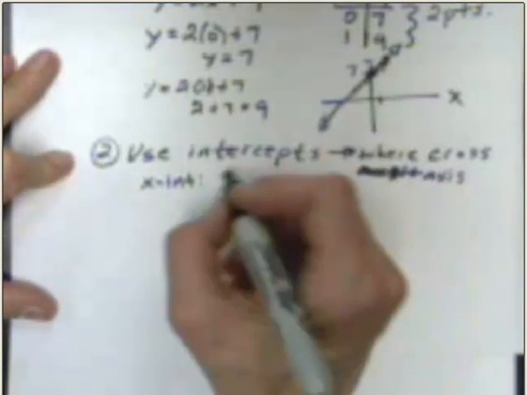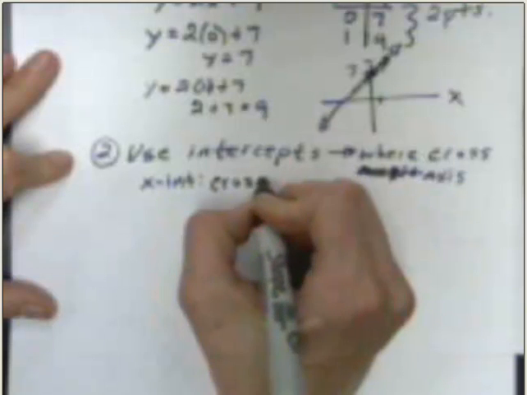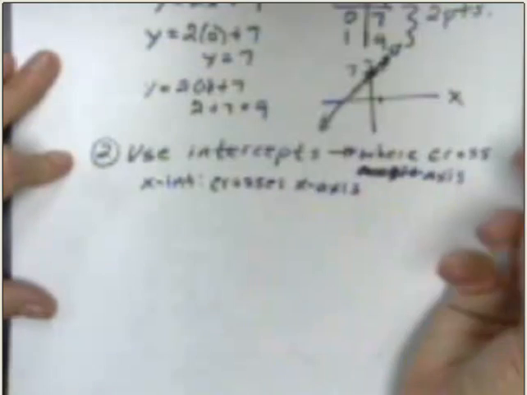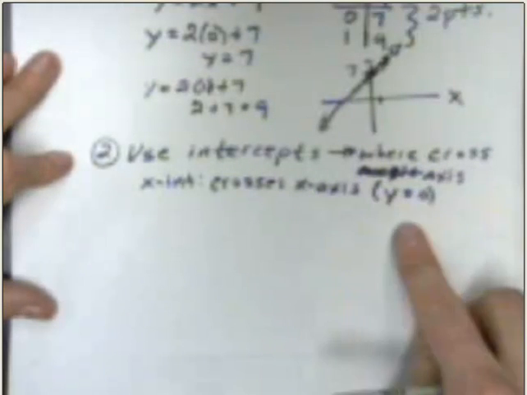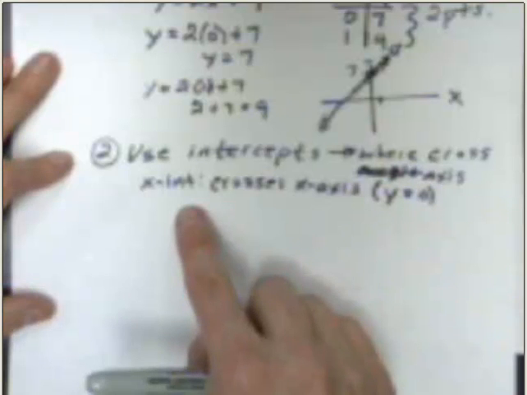So the x-intercept happens when it crosses the x-axis. That happens whenever y is equal to 0. Y has no value, but x is some number, right? We okay?